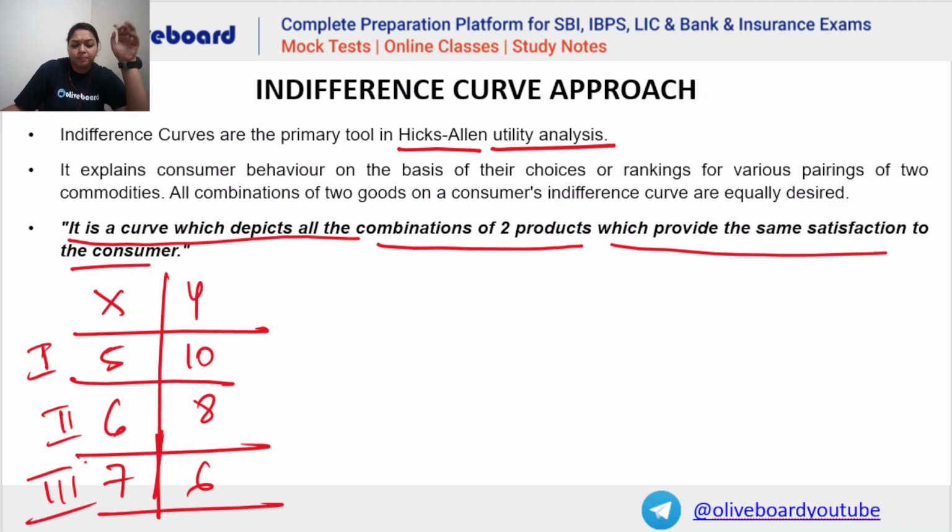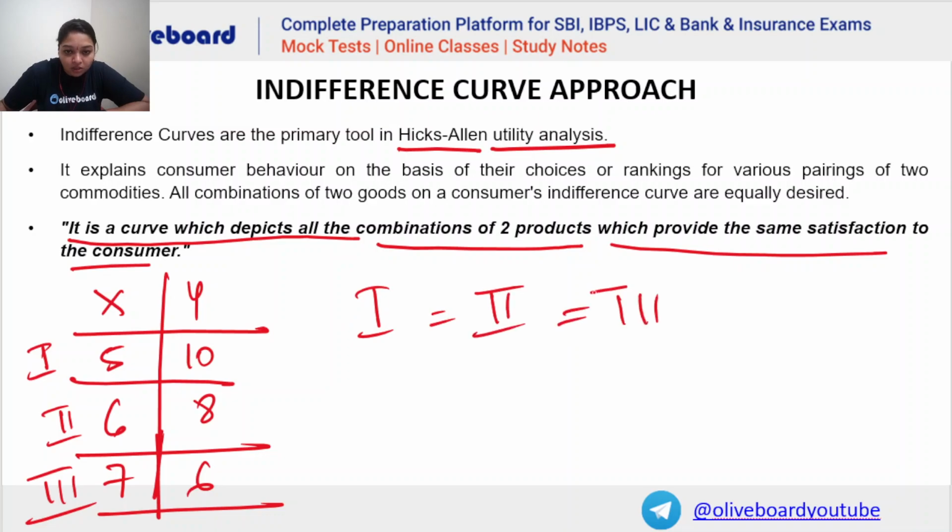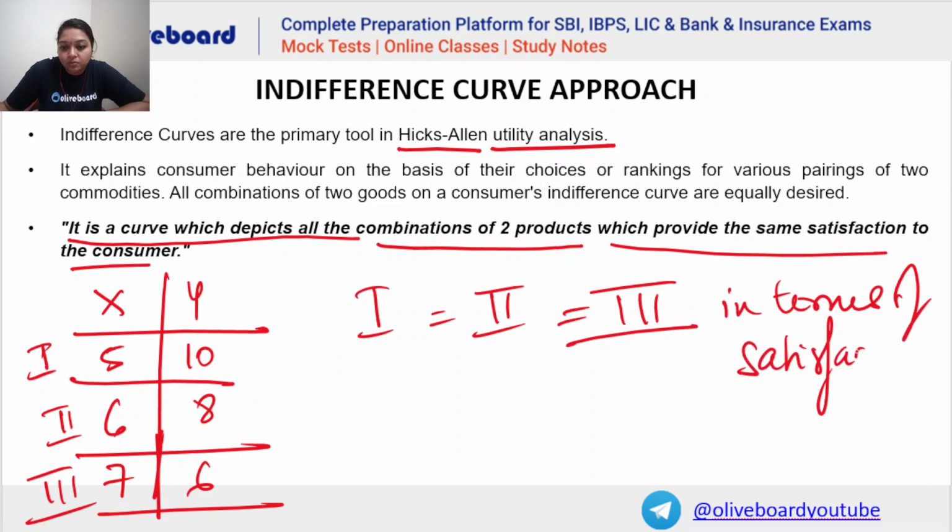So a consumer is presented with 3 bundles of 2 goods. You have to listen to me very carefully. A consumer is presented with 3 bundles of 2 goods which provide the same level of satisfaction to him. 1 equals 2 equals 3 in terms of satisfaction.